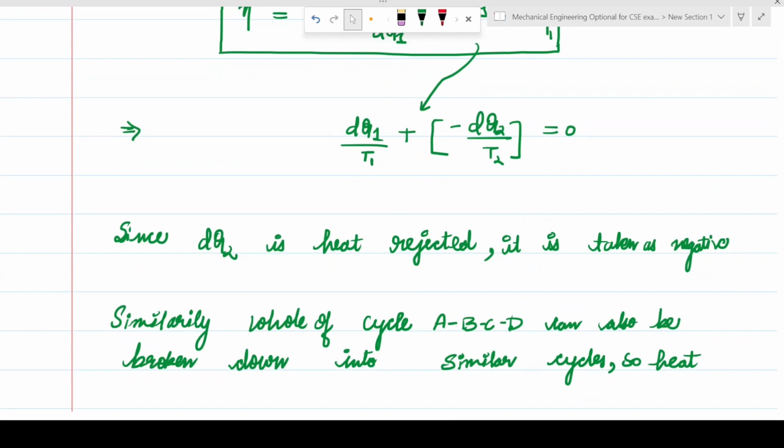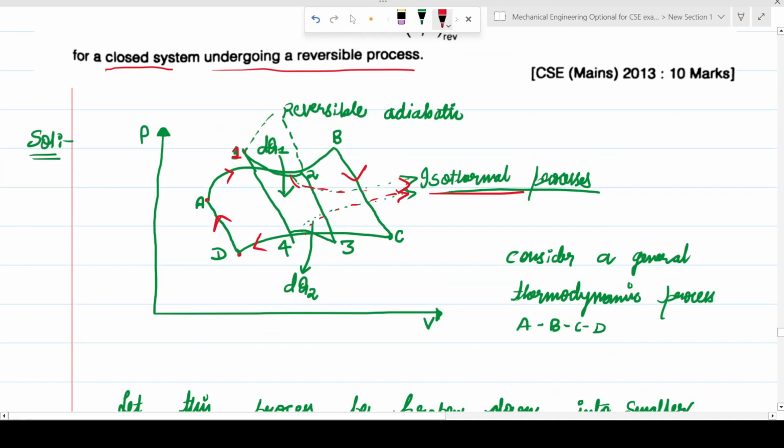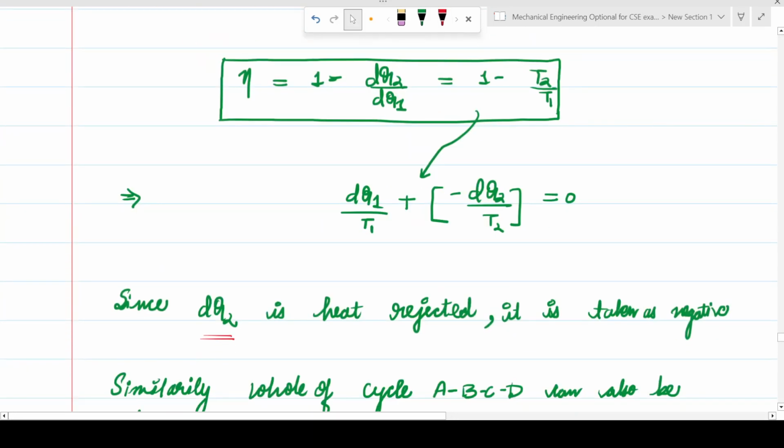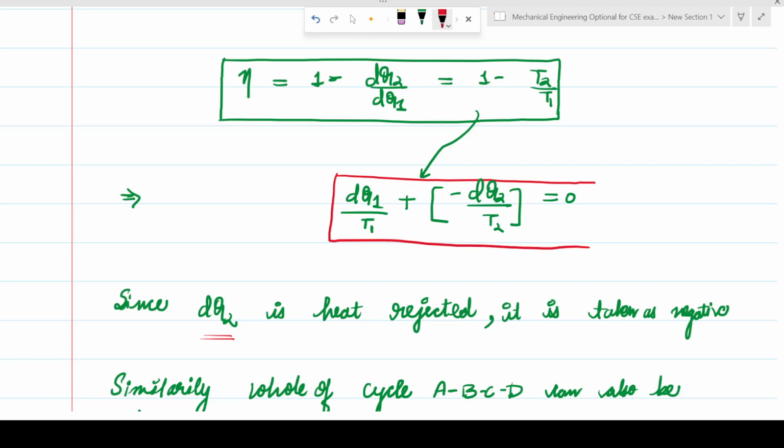And we know that since the heat Q2 is rejected from the system, this dQ2 we see here is taken to be negative, and this dQ1 is the heat that is given to the system, so this is taken to be positive. So with the efficiency formula we get this expression, that is dQ1 by T1 plus dQ2 by T2 is equal to 0.